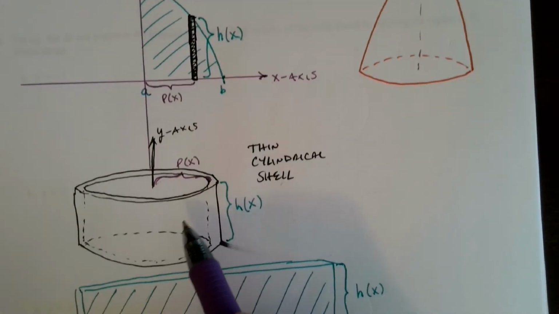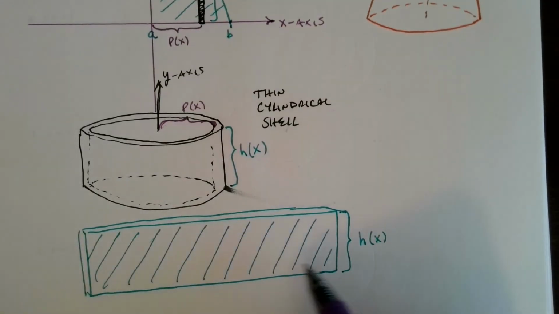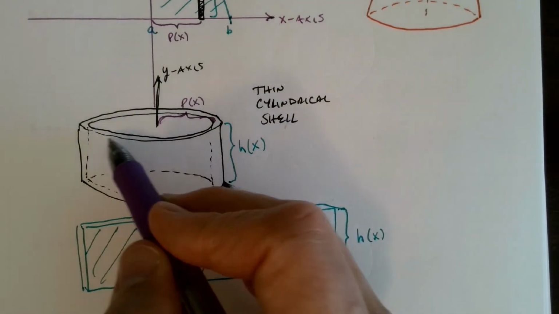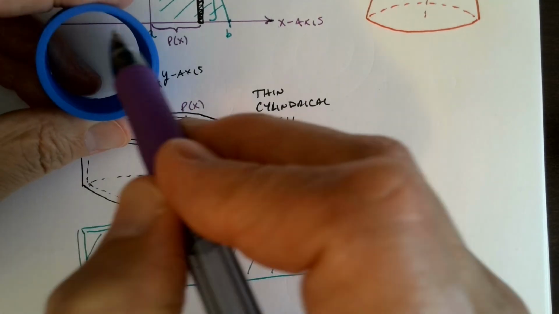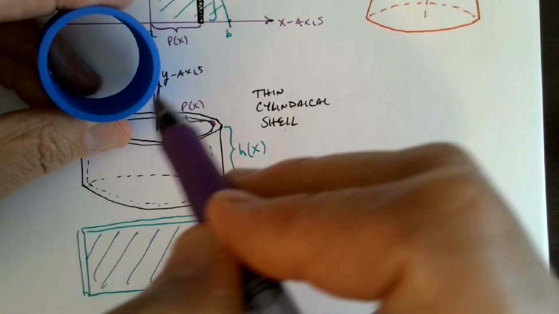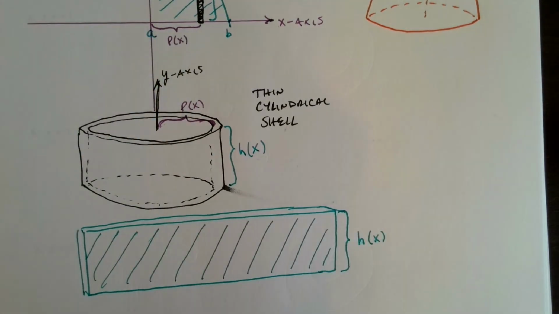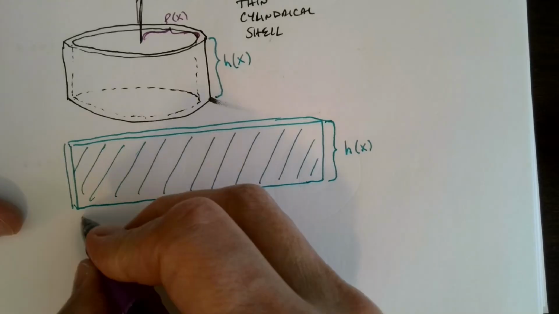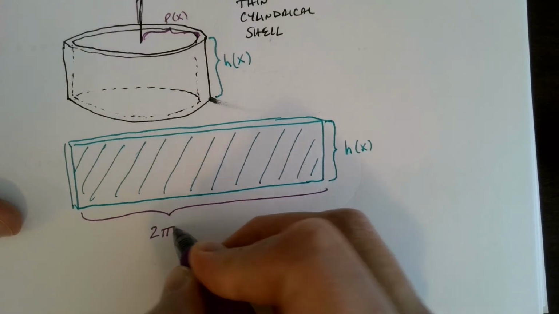And if I were to unroll this, right, then the length of this slab here is equal to what? The circumference of the shell, right? It would be the distance around this shell, right? Well, what's the distance around? That's the circumference of the circle, right? Circumference is what? Pi times the diameter, which is the same as 2 pi times the radius. And if the radius is p of x, then this is 2 pi times the radius.